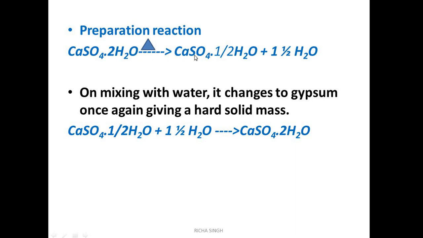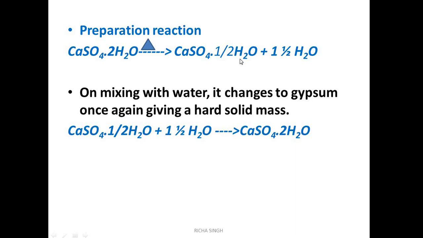Then it will split as CaSO4·½H2O plus 1.5 H2O gets separated. But you know that there is nothing like half H2O. The correct formula is that two molecules of CaSO4 are sharing one molecule of water. So to simplify, it is written as CaSO4·½H2O.